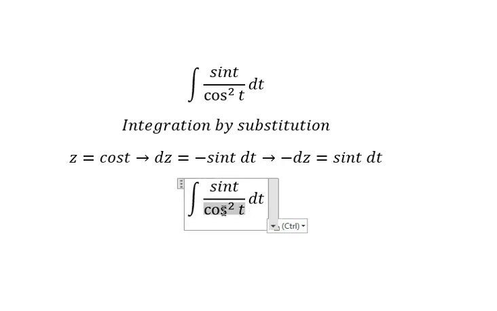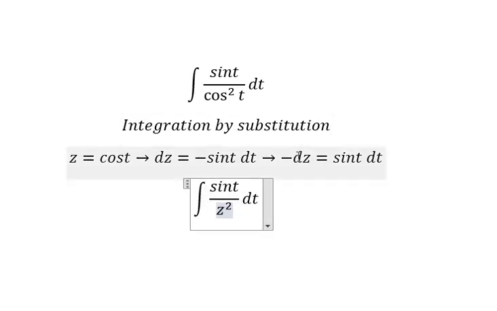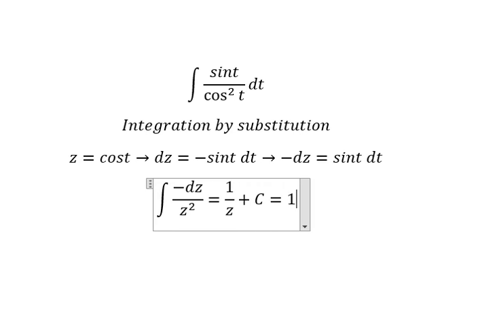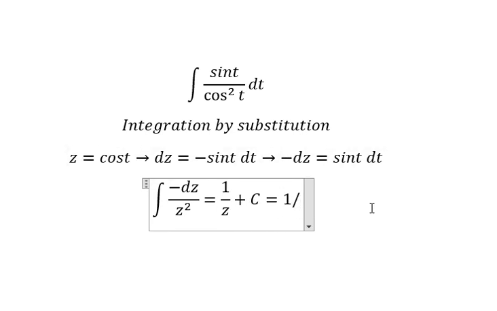This one, z squared sin t dt, we change to negative dz. The integration of this is 1 over z plus c, where z is cosine t.